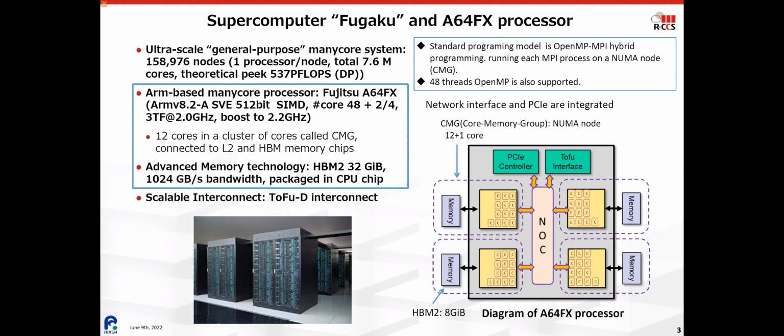The 12 cores in a cluster are called a CMG, connected to the L2 cache and the HBM chips. This chip has only HBM as memory. HBM provides very high memory bandwidth, totaling almost 1 terabyte per second to the chip.